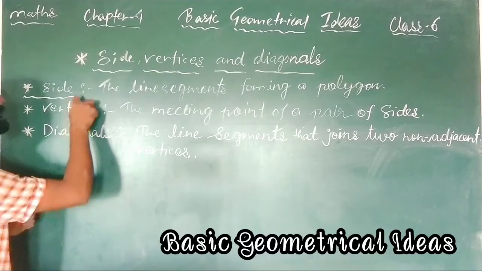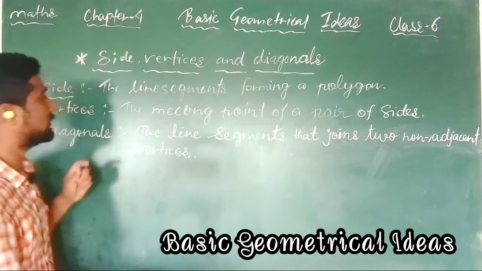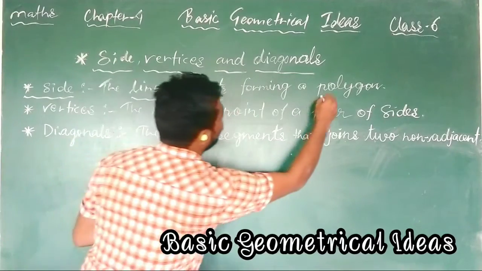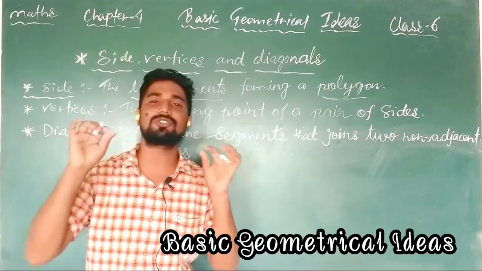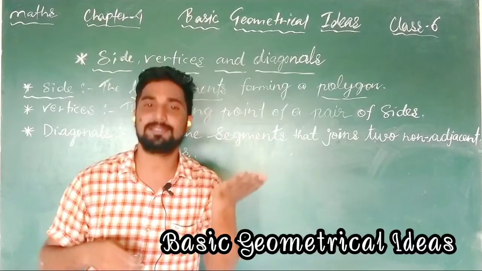A side is a line segment forming a polygon. Here two terms have come: one is line segments and one is polygon. About polygon, you know it is any closed geometrical figure bounded by 3 or more line segments.